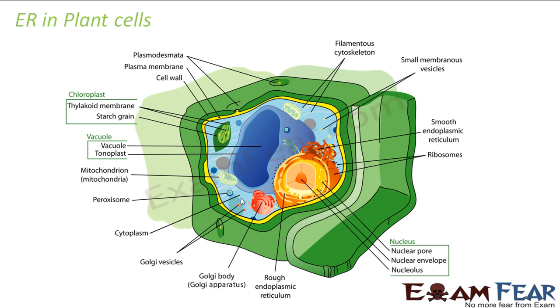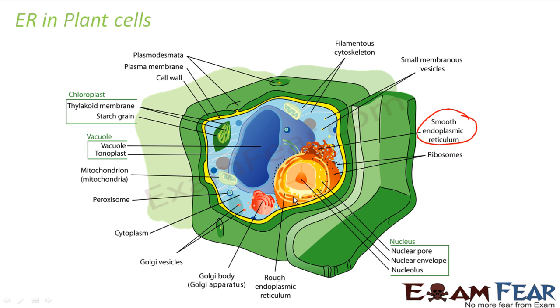Similarly, let us have a look at endoplasmic reticulum in plant cells. So where do you have it in the plant cell? So here you have the smooth endoplasmic reticulum. Here also somewhere near the nucleus, right? So this is my nucleus, right? This dark yellow colored is the nuclear membrane. So just outside the nucleus, somewhere you should have the rough endoplasmic reticulum.